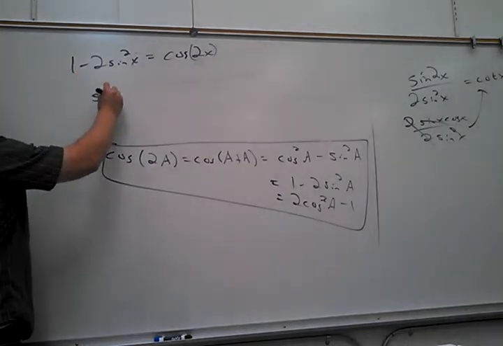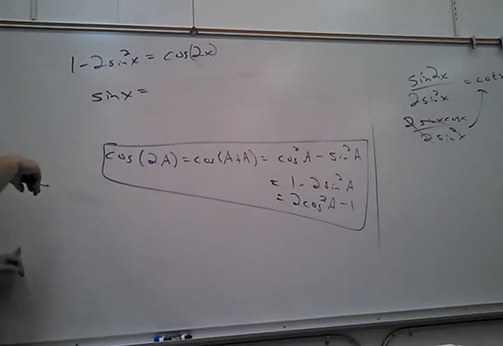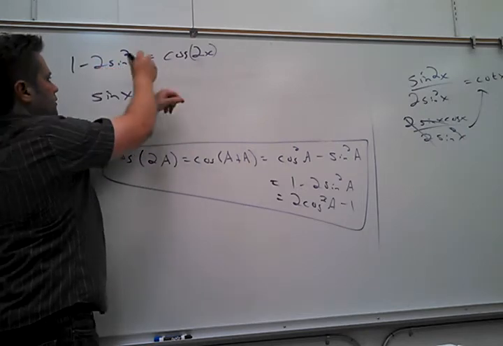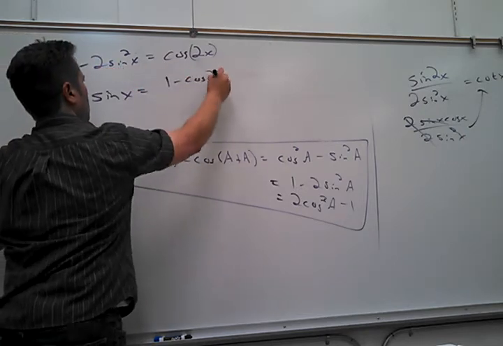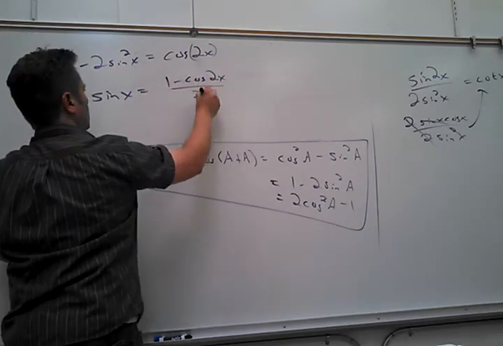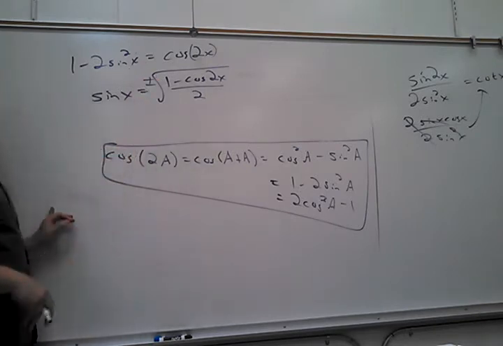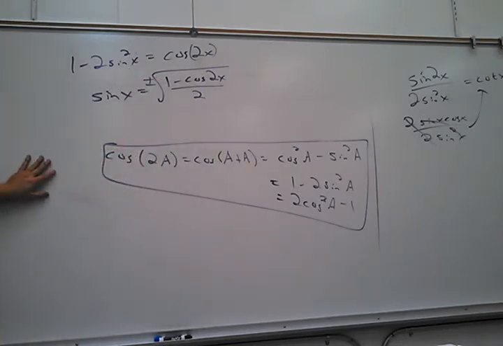Solve for sine. So if you solve for sine, I'm going to switch these two. Divide by 2. Take a square root. When I take a square root, I better put what? Plus or minus. And of course, that plus or minus makes complete sense, because it depends on which quadrant I'm actually in. Then I got to pick which one makes sense. So the math just says here, it could be one of these two. You figure out which one it is.